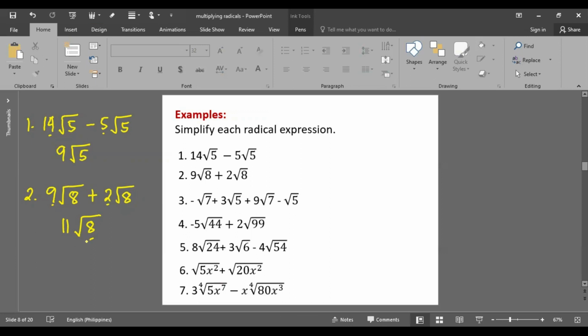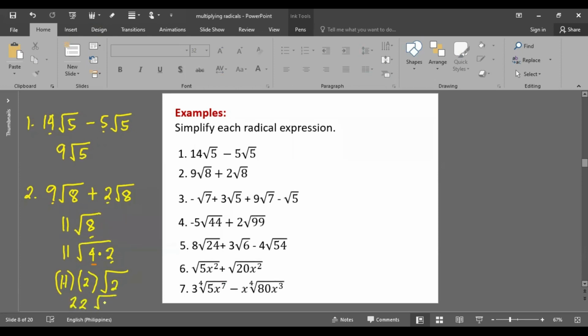It's 4 times 2, and 4 has a square root, which is 2. So the square root of 4 is 2. So copy 11, multiply it by the square root of 4, which is 2, then copy the square root of 2. So 11 times 2 is 22, then copy the square root of 2. So this is now the answer in number 2.